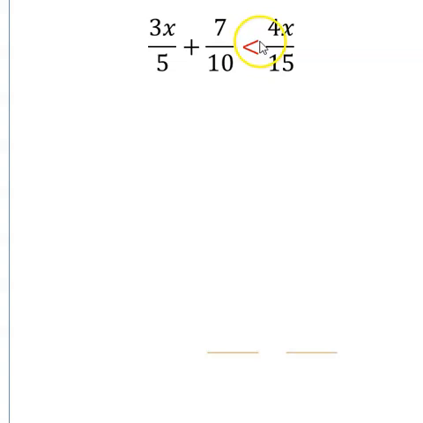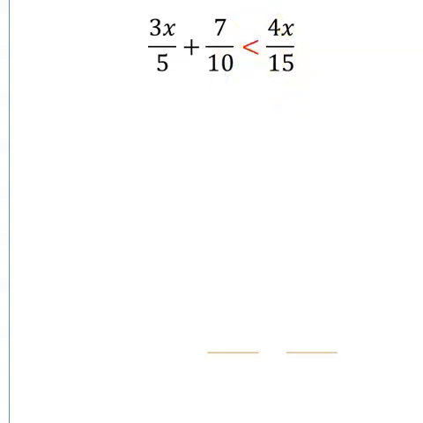So instead of having a less than sign, we had an equal sign, and that's how we solved these. When we have fractions, we can keep all the fractions and add, subtract, multiply, or divide, whatever we need to do, like we did with whole numbers or integers. But a much better way is to get rid of all the fractions.